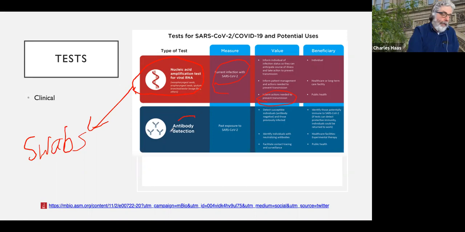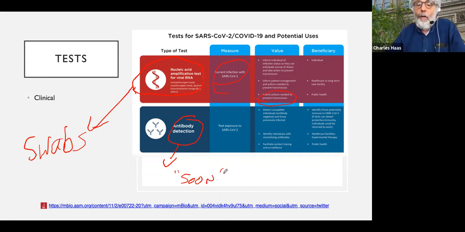Antibody testing, which is apparently going to be shortly on the market, measures whether or not an individual has developed antibodies which would be necessary to combat the coronavirus, which typically would result after an infection, whether it's symptomatic or asymptomatic.